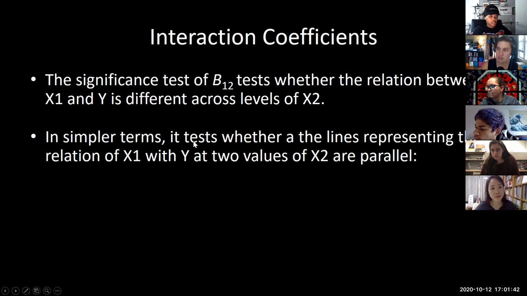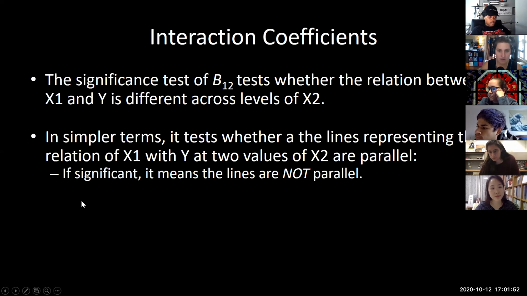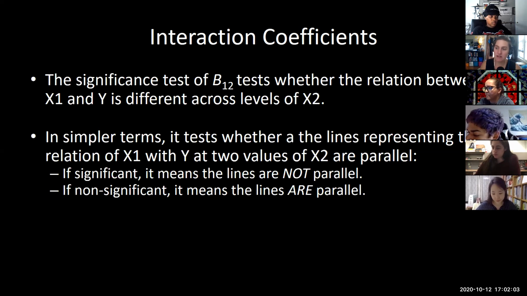Or in simpler terms, it's testing whether the lines representing the relation of x1 with y at 2 values of x2 are parallel. If the interaction term that you've put into this regression model is significantly different from 0, it means the lines are not parallel. There is a differential relation. But if it's not significant, it means those lines are parallel. So in an interaction model, you're testing to see whether it's differentially related.